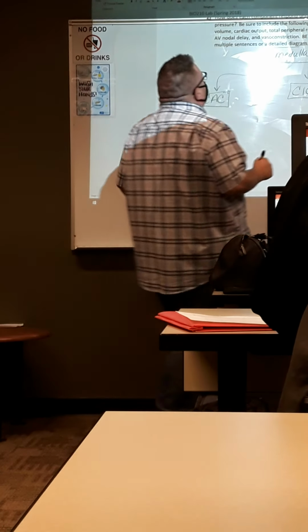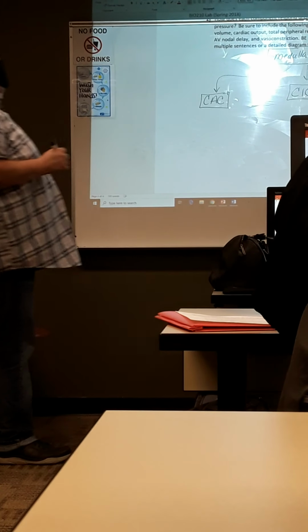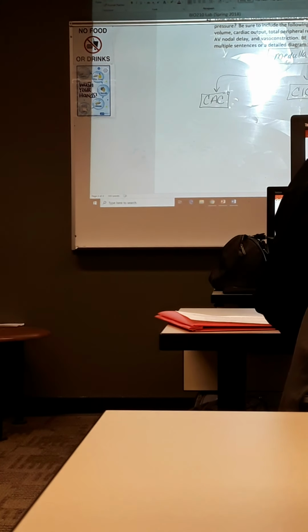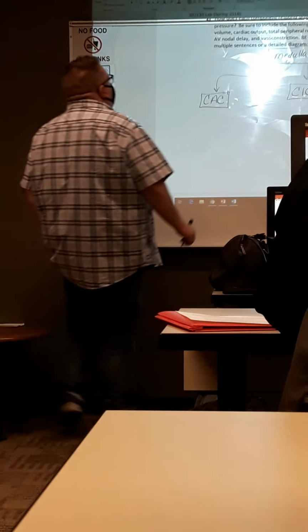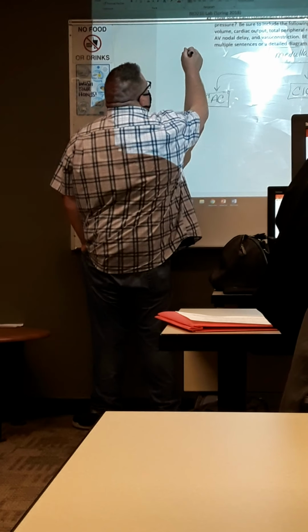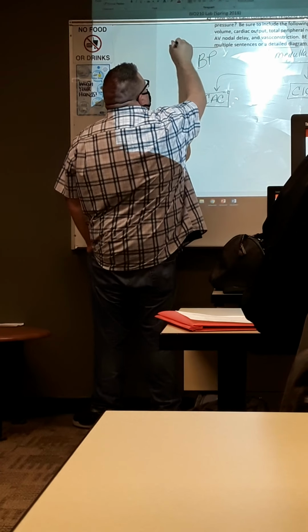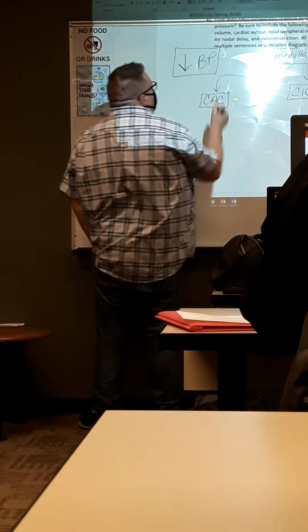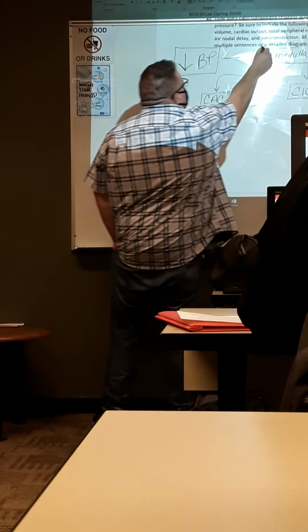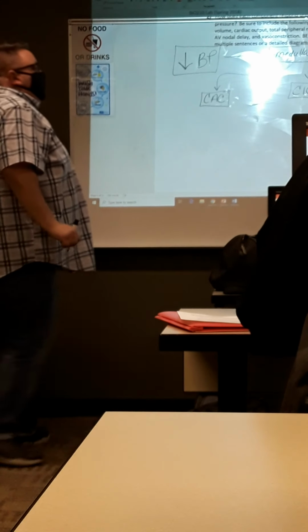So it says, how does each component respond to low blood pressure? Our problem is that the blood pressure is too low. Decreased blood pressure is going to be sensed by the medulla oblongata.